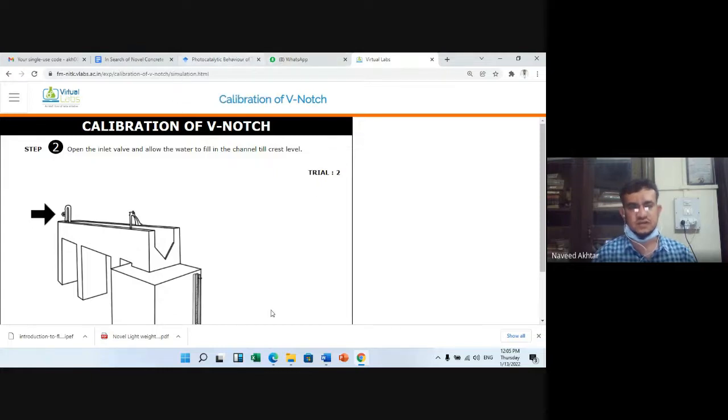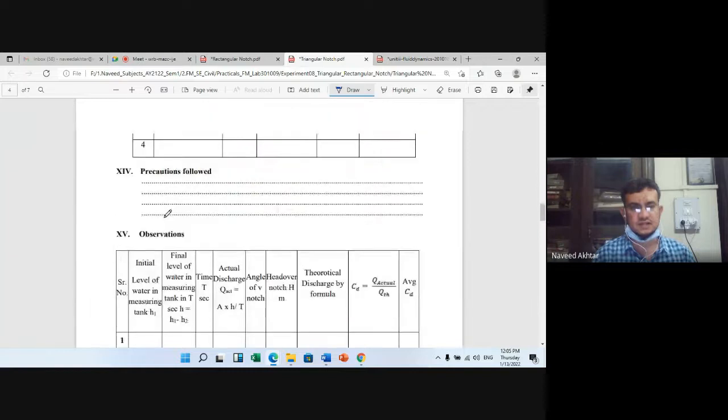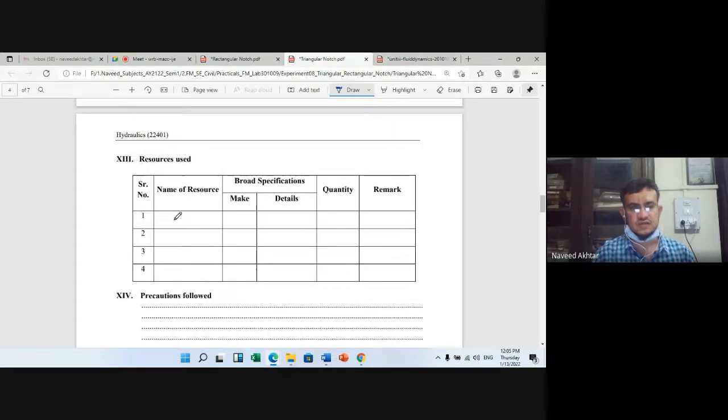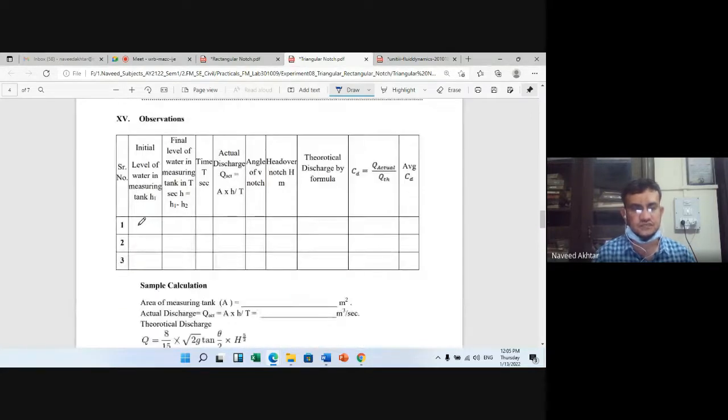You can write down the experimental part here, the readings, first reading, quantity. Level of water, measuring tank, height h1, h2, h1 minus h2 will be the height.